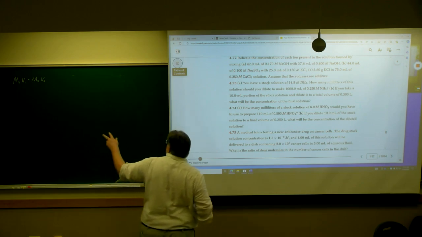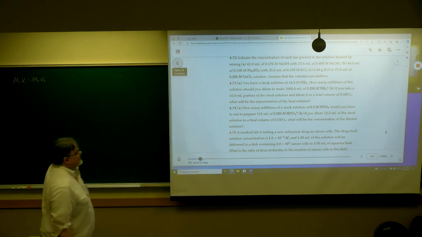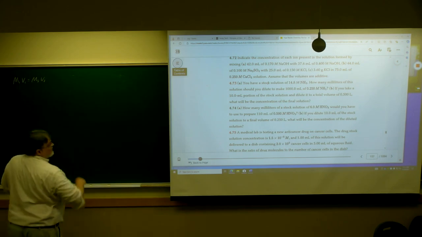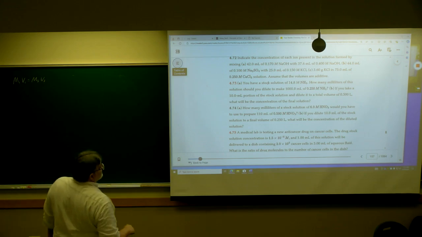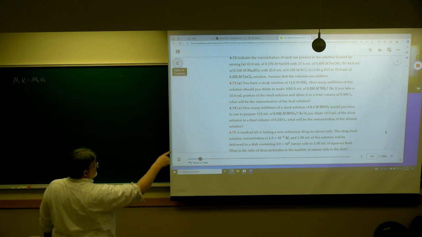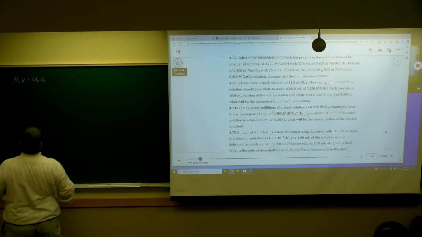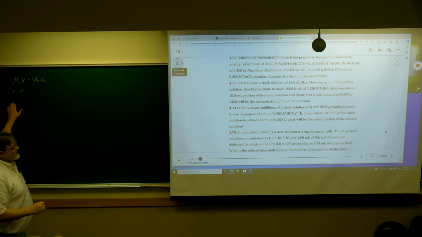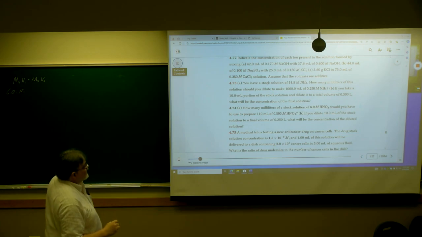The ones are the stock solution. So this is saying how many milliliters of a stock solution. That's the molarity of a stock solution, 6.0. I'm not putting the units here, but it's moles per liter.